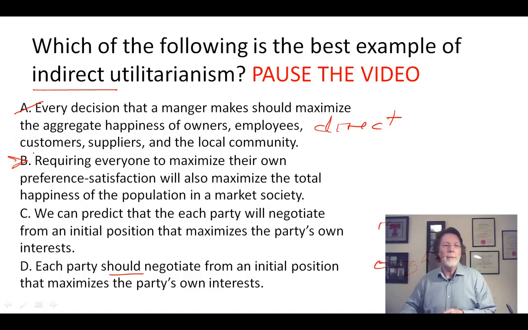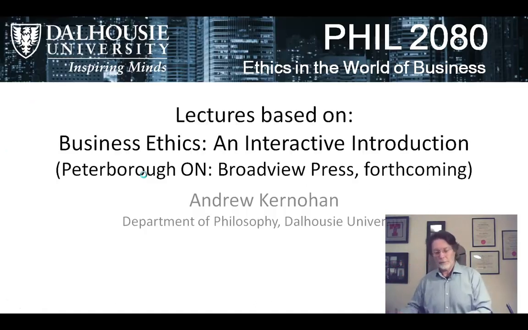This one here is the indirect utilitarian view, that people should maximize their own preference satisfaction, follow an ethical egoist decision-making rule, and by doing so, they will indirectly maximize total happiness. All right, so come back in just a second, next segment, to see some of the problems with this rather elegant little proof.